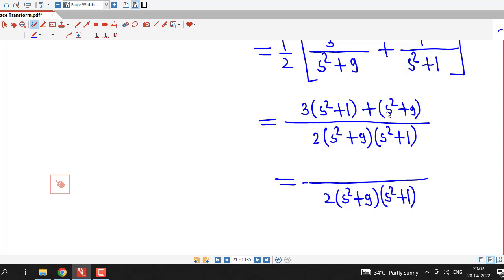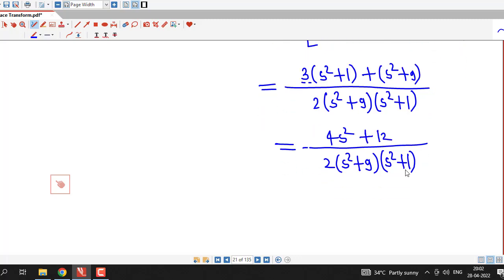Here we have 3s square plus s square, which we can directly write as 4s square, and then 3 into 1 is 3, plus 9, which is 12.